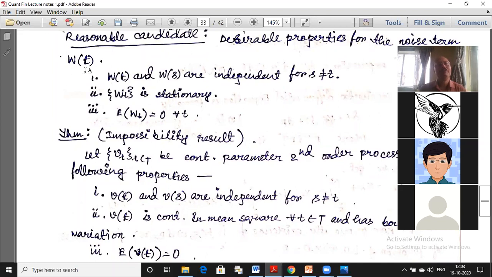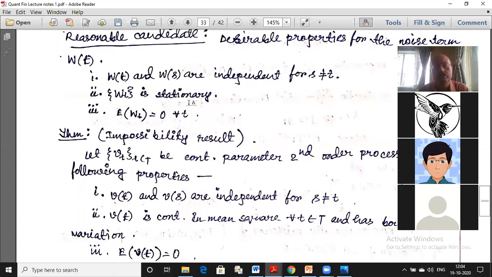So for the noise term W_t, what we want, which would be very useful, is if W_t and W_s are independent for s not equal to t. This is in the spirit of the IID noise term, independent, identically distributed, and of course I want a stationary distribution.